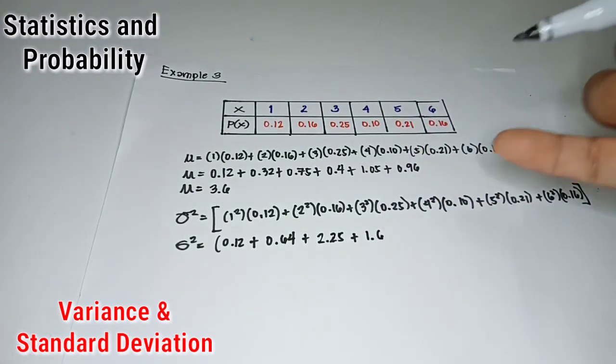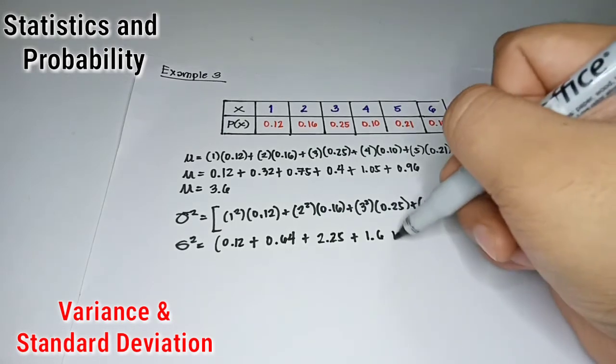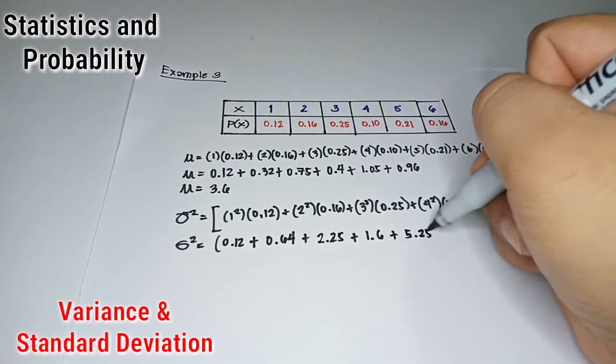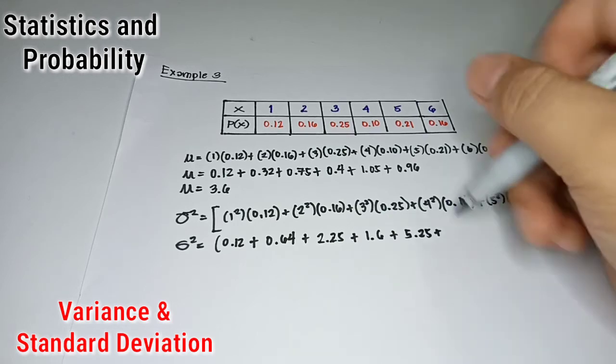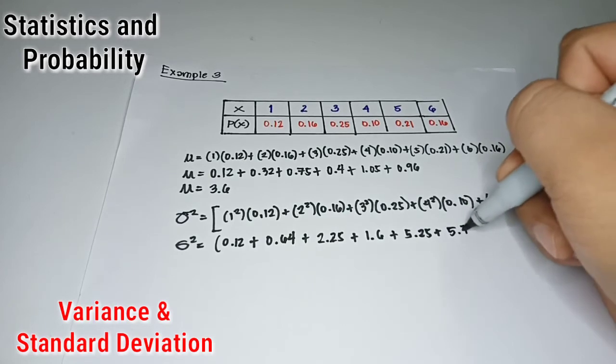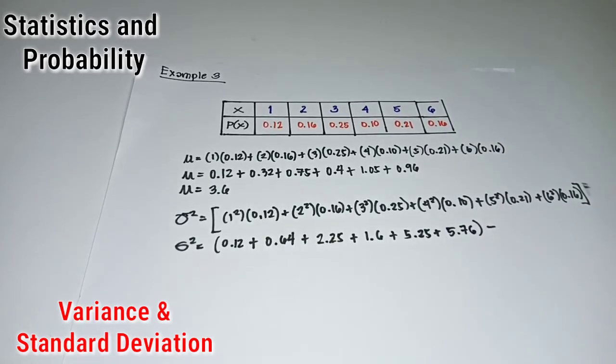And 5 squared, 25 times 0.21, you will get 5.25. And lastly, 6 squared, that is 36 times 0.16, you'll get 5.76.